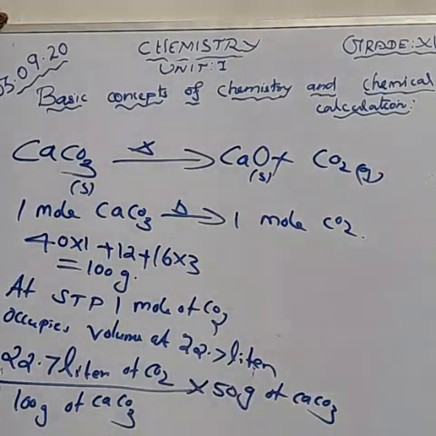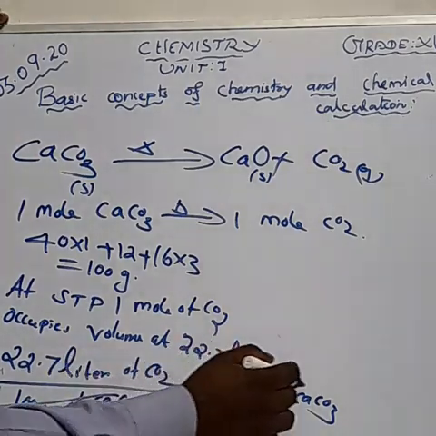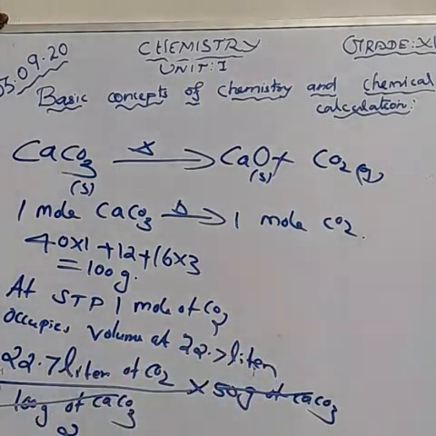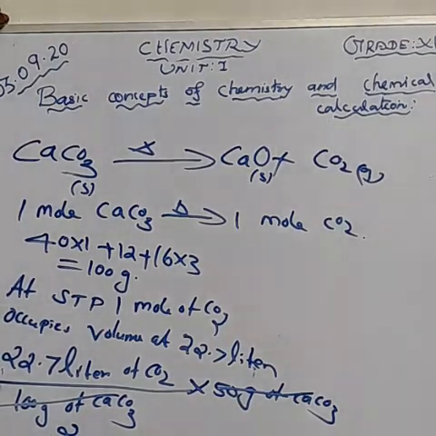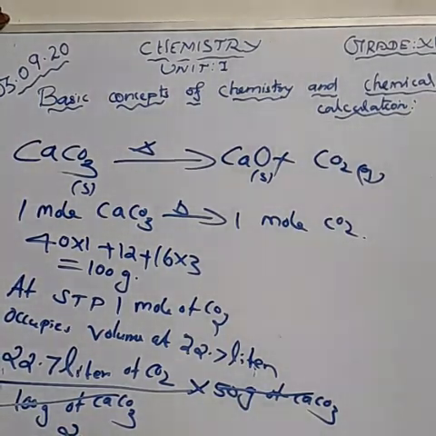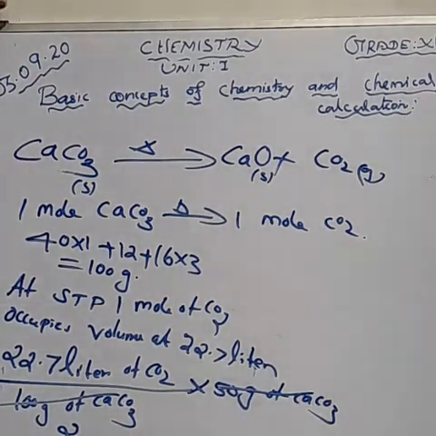So how can you cancel this? Here 100 divided by 50 gives 2. So approximately, we get 11.35 liters of CO2. What's the answer? 11.35 liters of carbon dioxide.